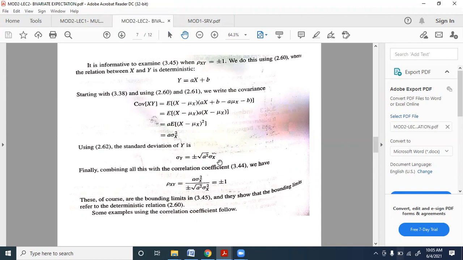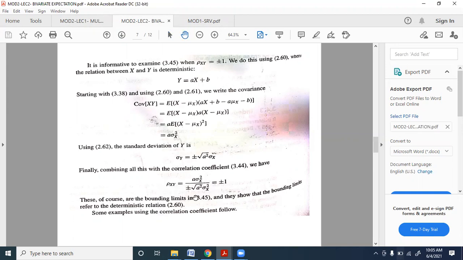We had sigma y squared is equal to a squared sigma x squared, and that will lead us to sigma y is equal to this quantity. And if you substitute it within the correlation coefficient of x y, we will get the quantity which is like this, so that will give us the value equal to plus or minus 1.